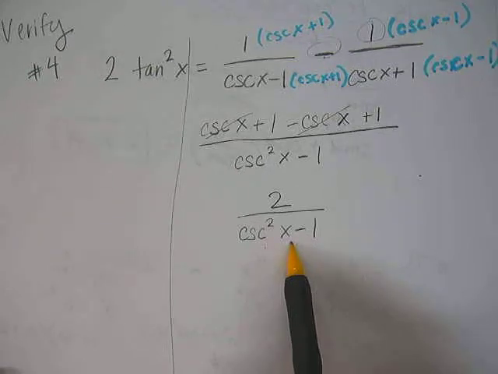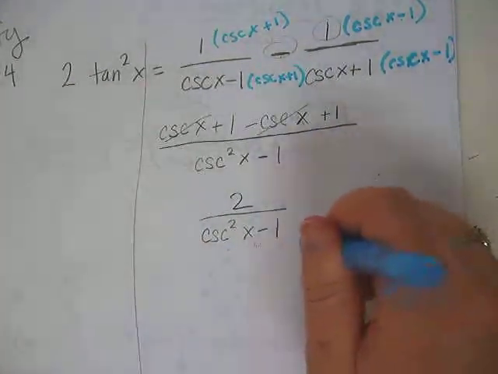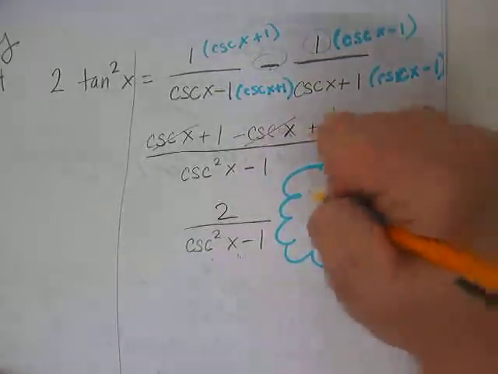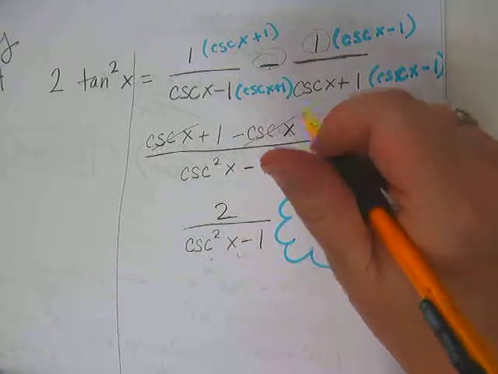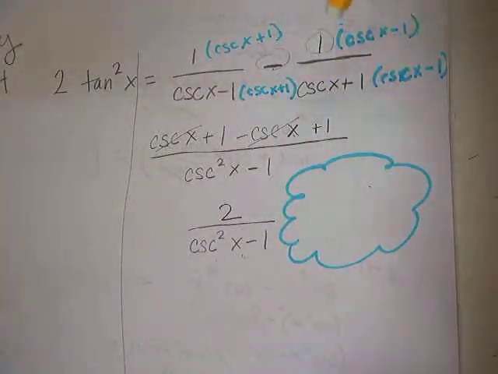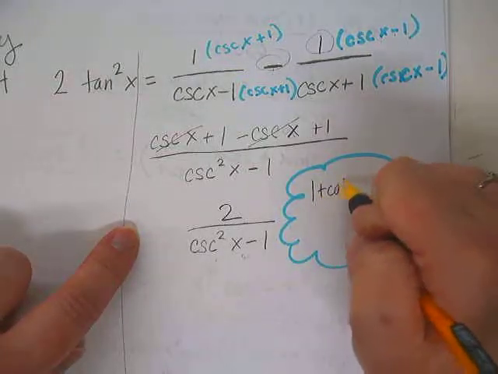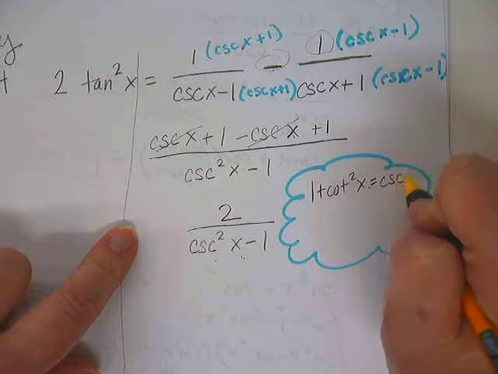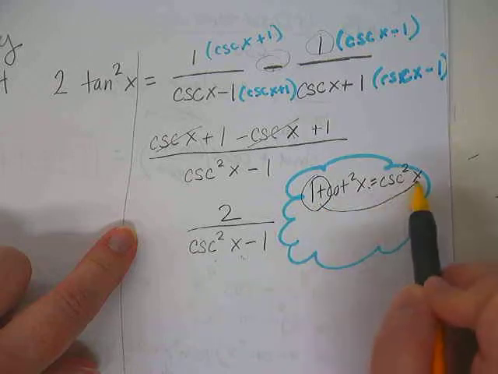Let's see. This, I think, is some sort of identity, isn't it? Well, at least we have, let's just do a little side note here. My little side thought bubble. The identity we learned the other day for our Pythagorean identities had this one, 1 plus cotangent squared equals cosecant squared.